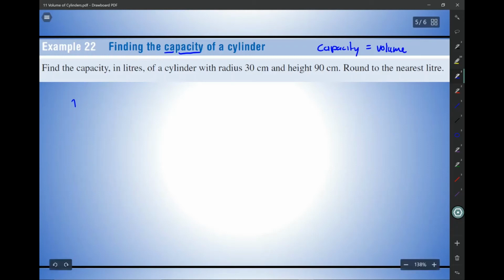So we're going to use our volume formula. We're going to plug in the numbers, pi times 30 squared times 90.